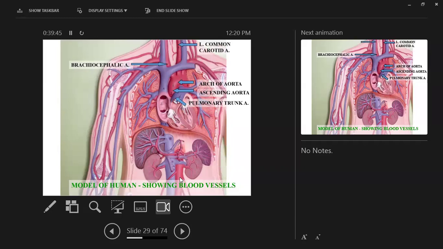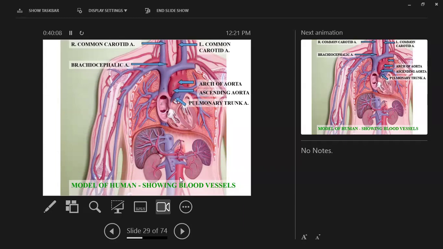There's the left common carotid. There is the right common carotid artery. So this is the brachiocephalic right there. Coming up from that, going straight up is the right common carotid. Branching off of that, over here, coming around is the right subclavian.